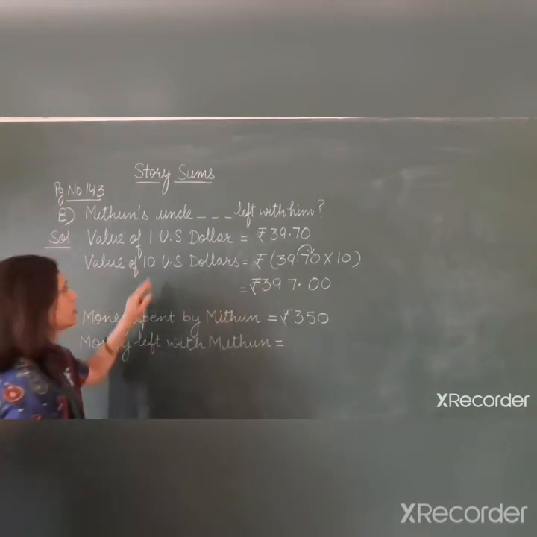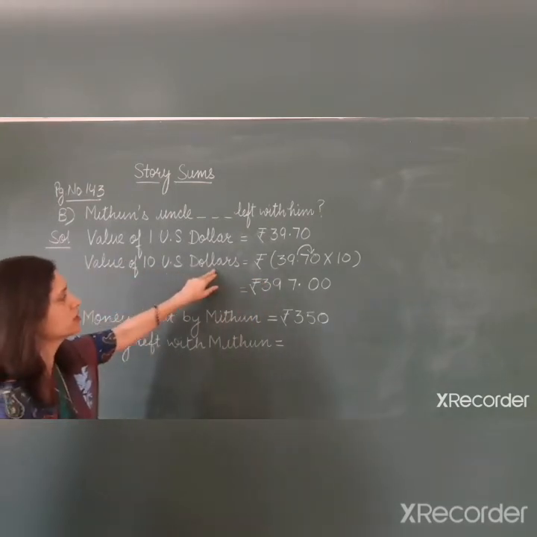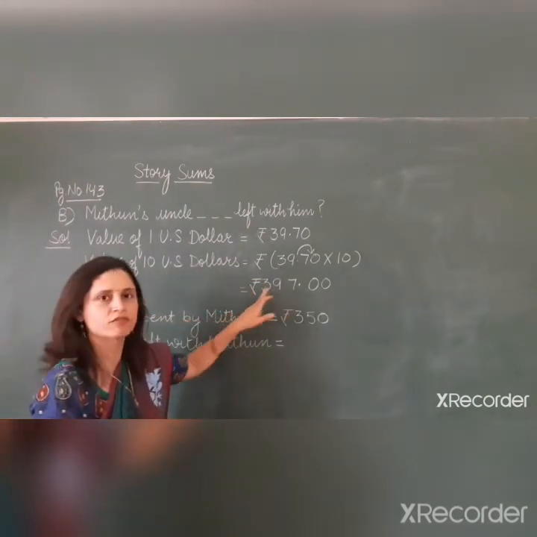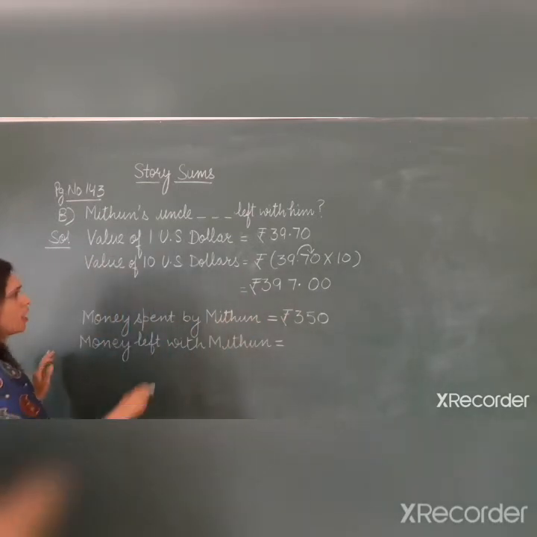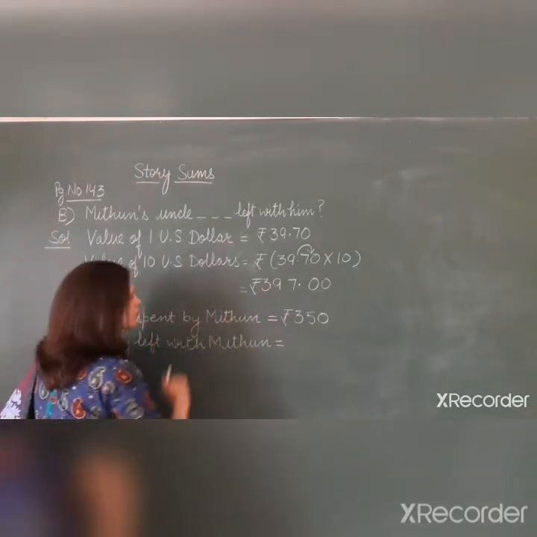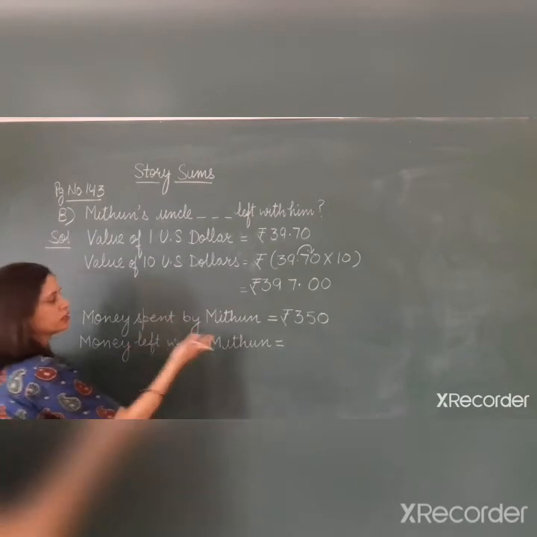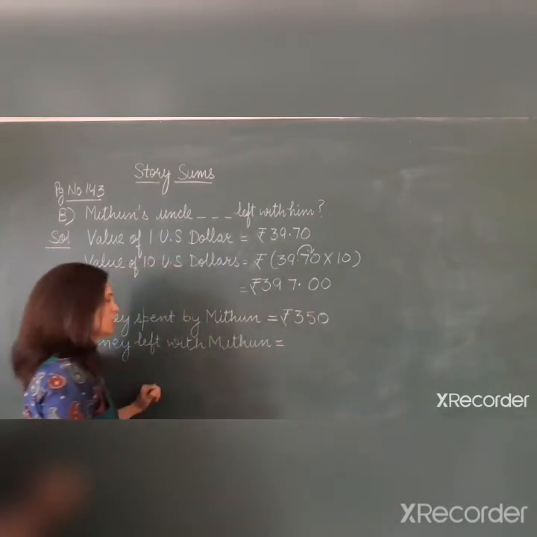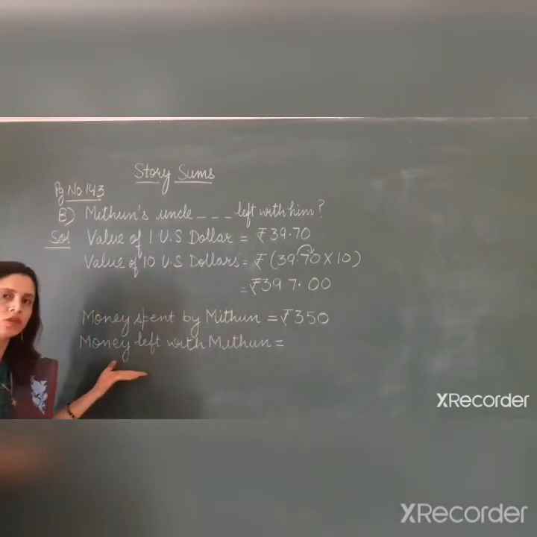So the value of 10 US dollars is 397 rupees. Out of 397 rupees, Mithun spent 350 rupees. So how much money is left with Mithun?